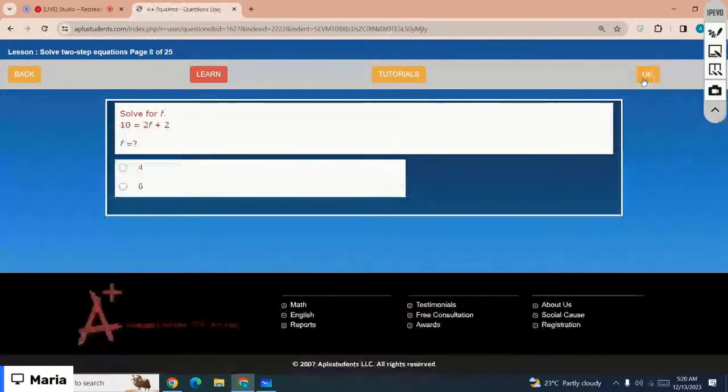Okay, the next one is solve for f. 10 equals 2f plus 2, which is the correct option. Yes, the correct option is 4.